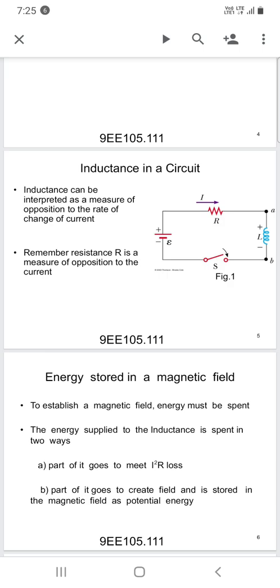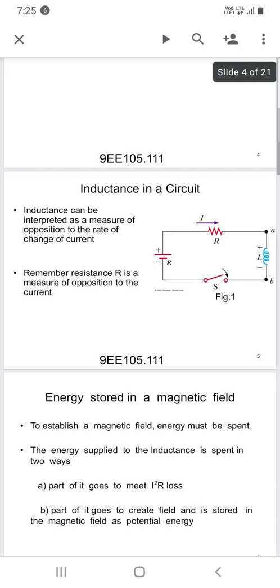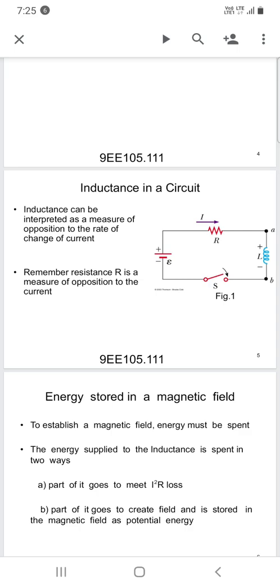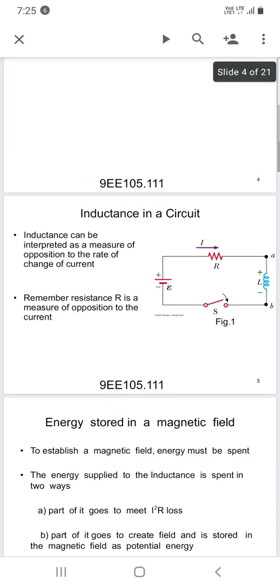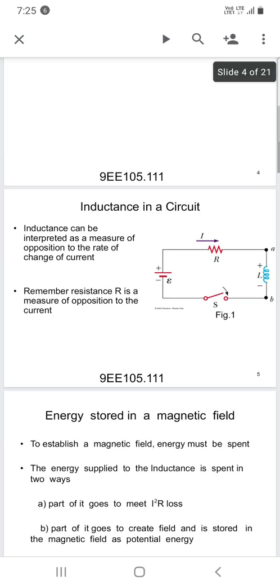But how is it possible? When the current flows through this circuit, the induced EMF is produced in this coil or inductance. This EMF opposes the flow of electric current.